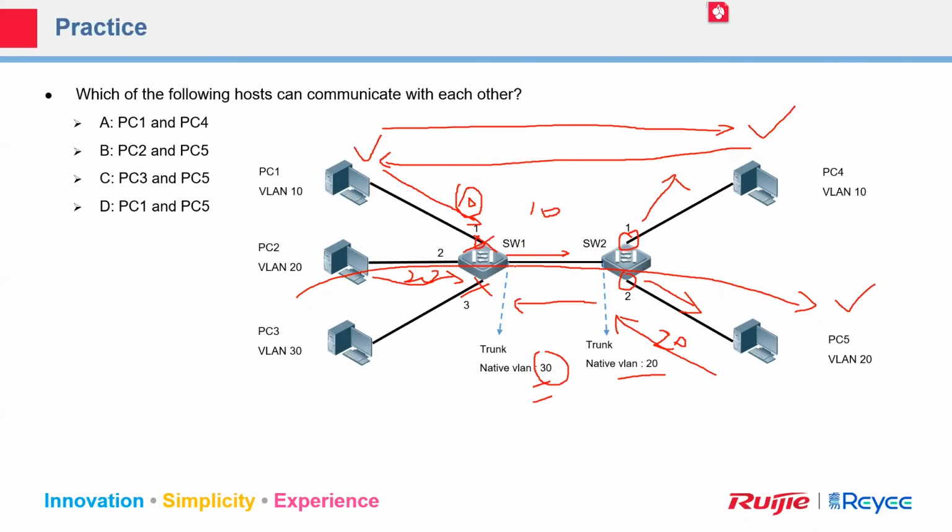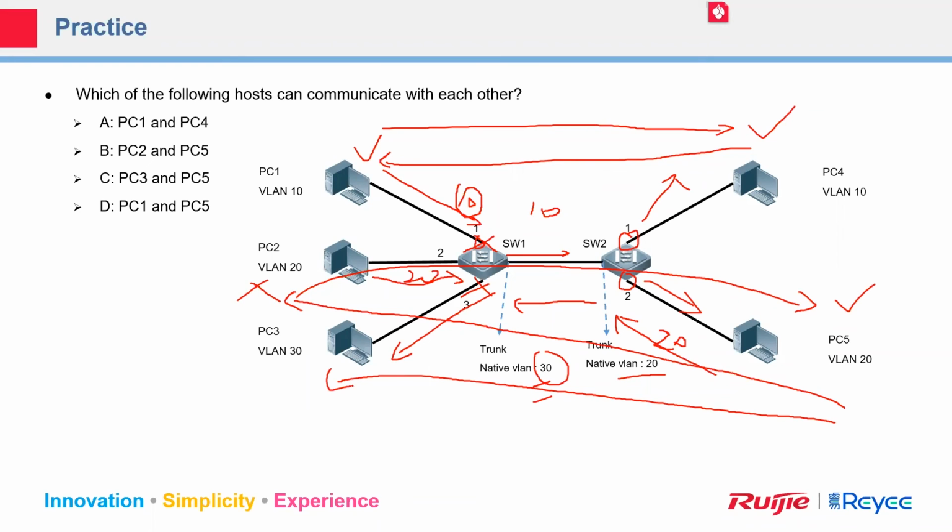And finally, because this packet has the VLAN 30 information, the packet will be sent out to PC3, right? So about PC5, if we send to PC2, PC2 cannot receive. But if PC5 sends to PC3, it's correct.